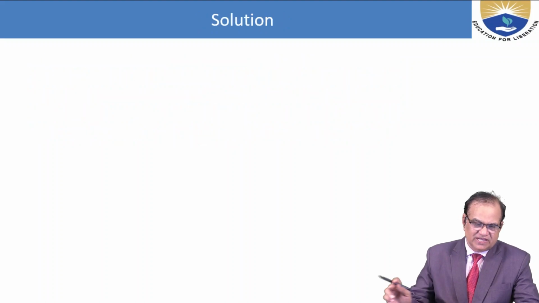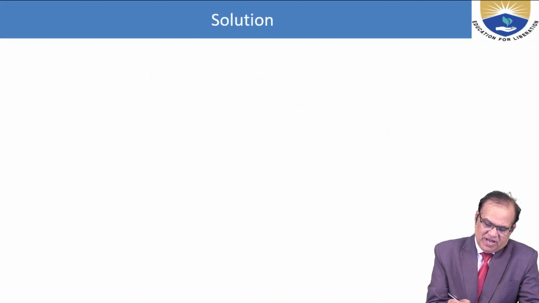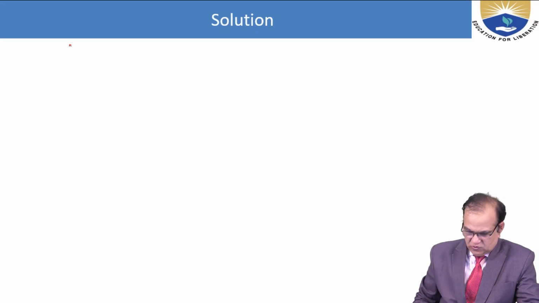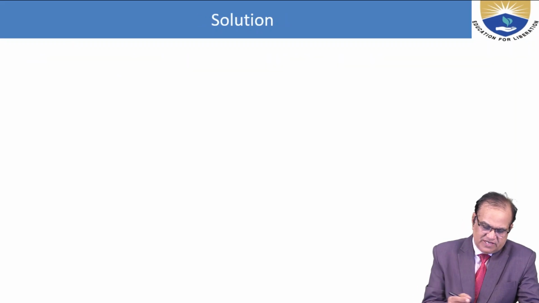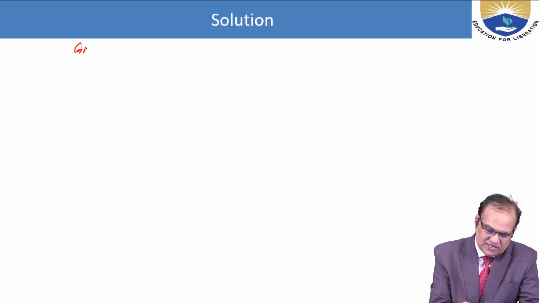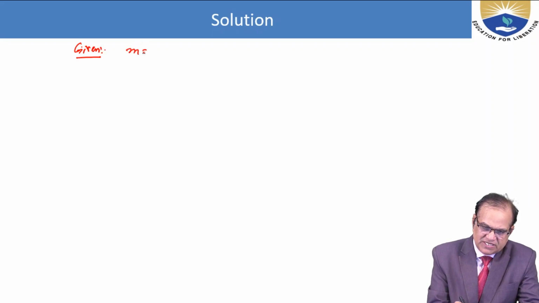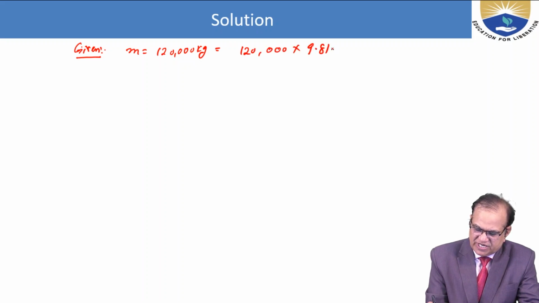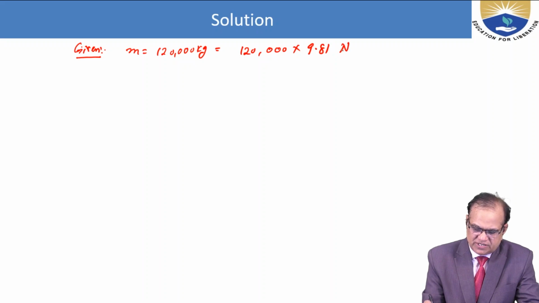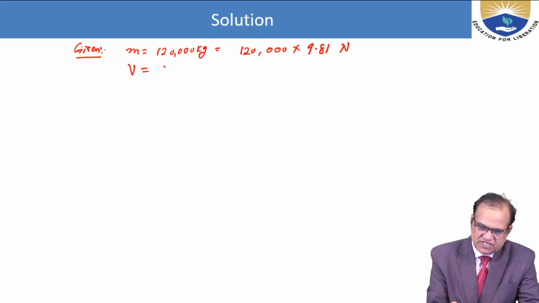So we will see what parameters are given in this problem. Mass is equal to 120,000 kg. We can convert it to Newton by multiplying by g, 9.81. Velocity is 400 knots.